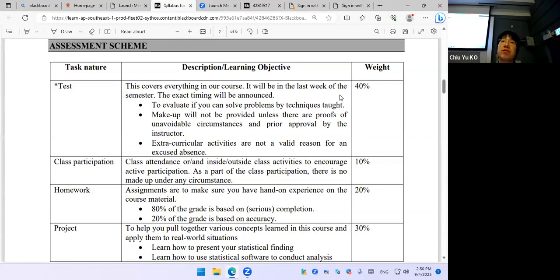We'll send an email later to confirm the exact time. From experience, we don't need 2 or 3 hours. Probably 1.5 or even 1 hour will be sufficient, because testing the knowledge you have doesn't need a very long time.